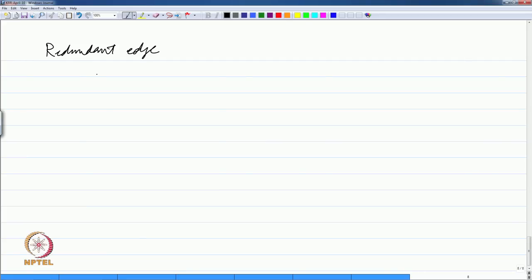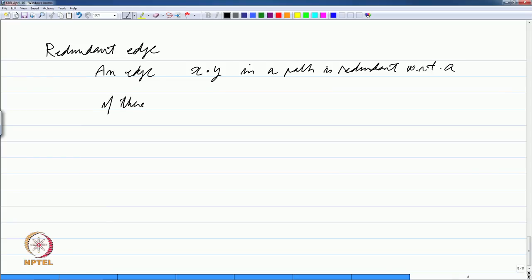So, in general an edge x y in a path is redundant with respect to A if there is a path x dot x 1 dot x 2 dot x n dot y.